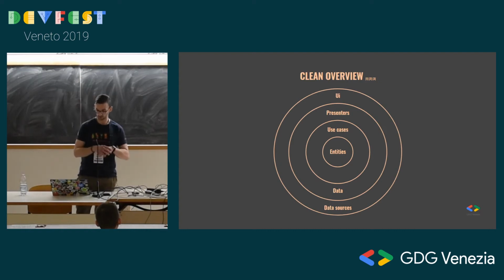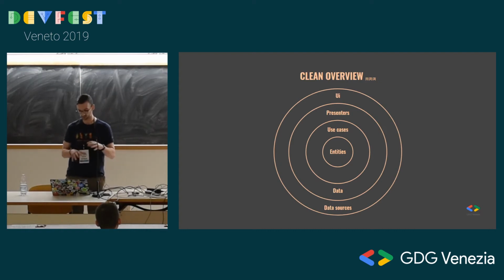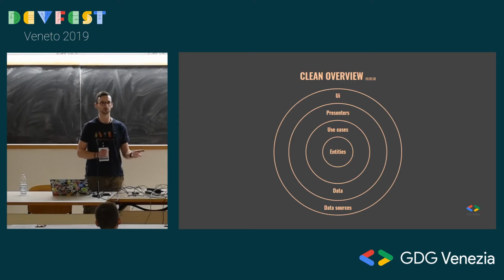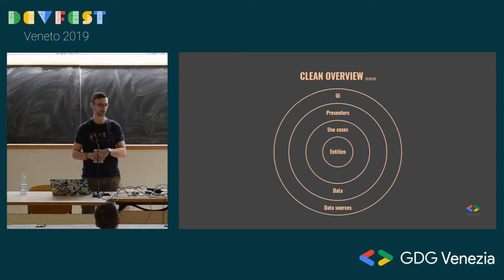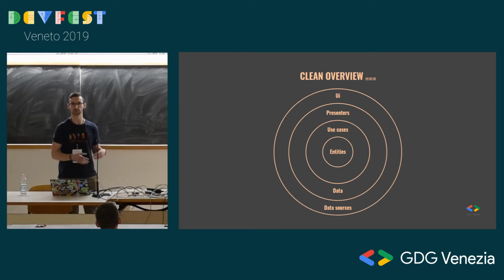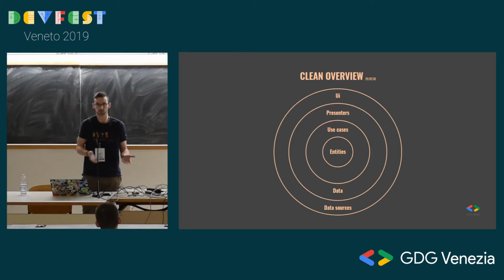Then if we move outside, we find presenters, which is the typical presenter logic in Android. We can think of all the presenters and view models that we have in our project. The UI is the layer taking care of fragments, activities, and all the components that pertain to presenting the information to the user.